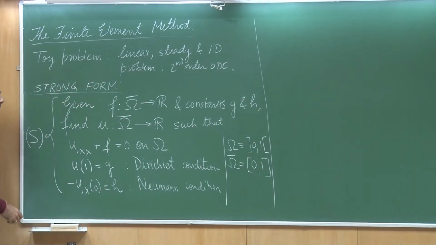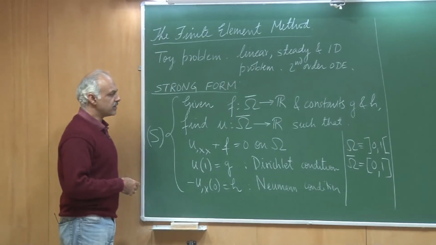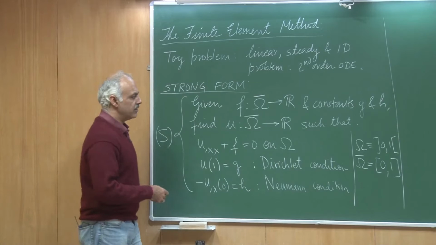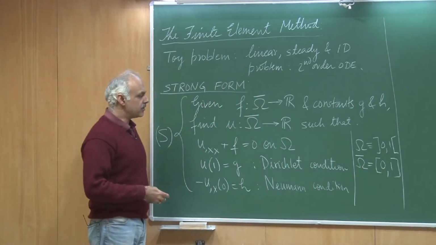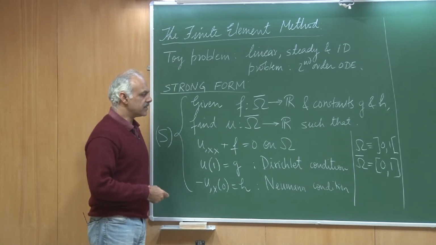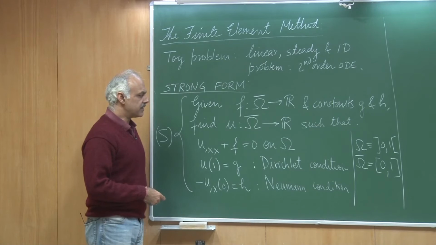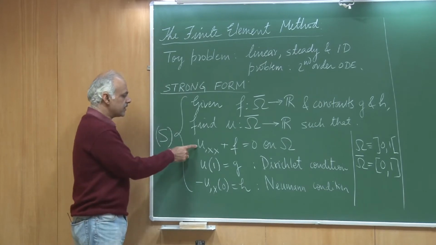I must point out that it is only for convenience that we have chosen the domain to be from 0 to 1. It could really be anything, from x equal to a to x equal to b, but this is just chosen here as a representation. So, we could now ask how many equations are these?